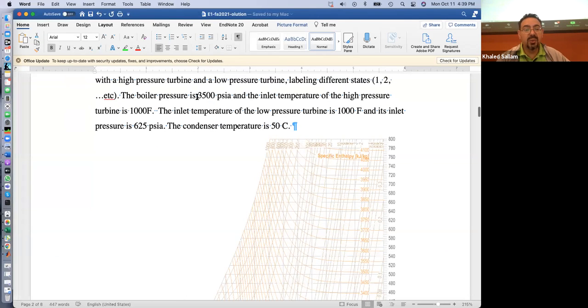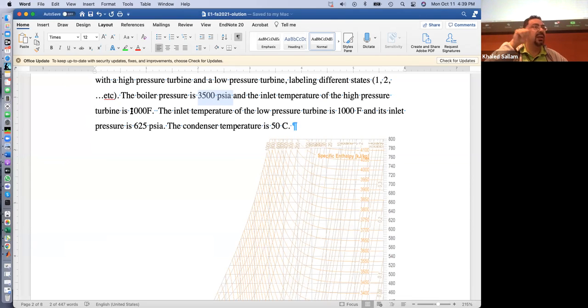So he wants us to use this pressure. This is the boiler pressure, and it also happens to be the turbine pressure. Ideally speaking, those are the same thing, right? And here's the inlet temperature of the high pressure turbine, 1000 Fahrenheit, which is also the exit of the boiler. I mean, the boiler gives you the pressure and the temperature that go into the turbine. So this is point 1 in my TS diagram.